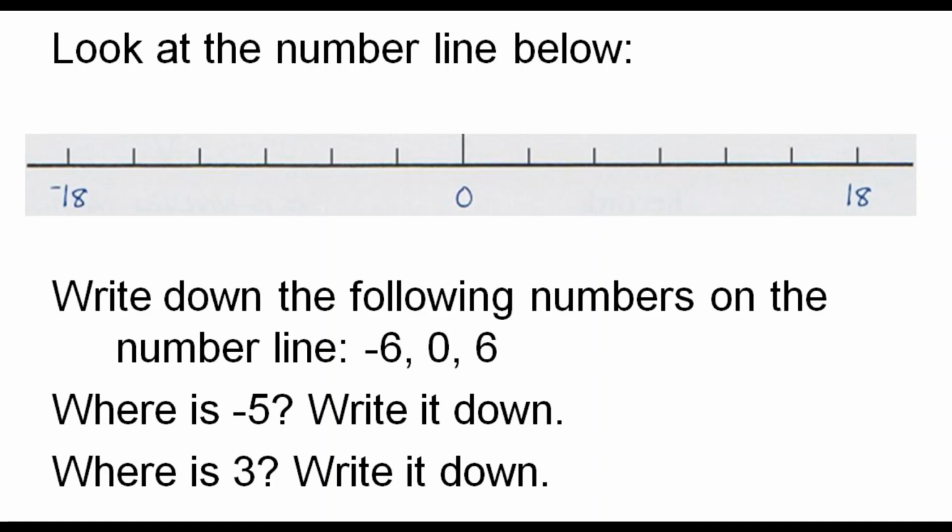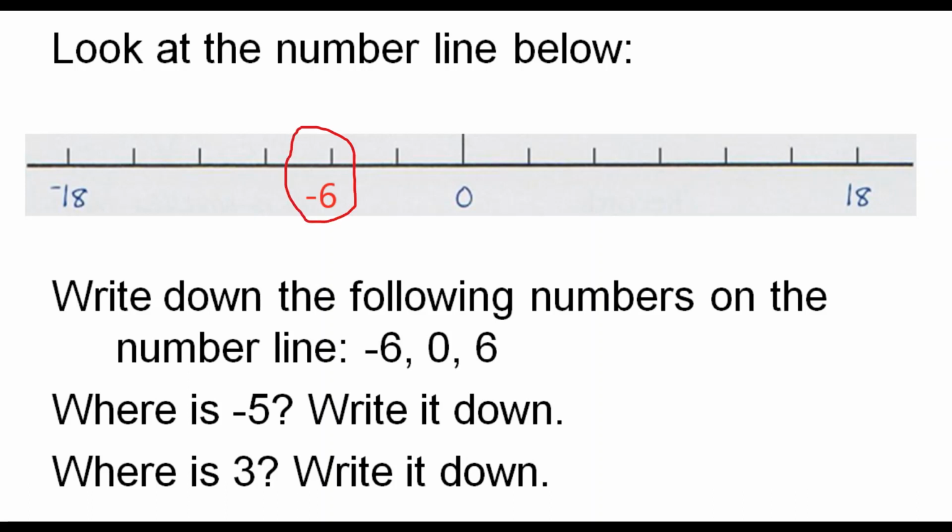Negative 6, where would negative 6 go? If we know we're counting by 3s, if you start at negative 18, then you just go forward 3 each time. So you've got negative 18, negative 15, negative 12, negative 9, and negative 6. So here's where negative 6 goes.